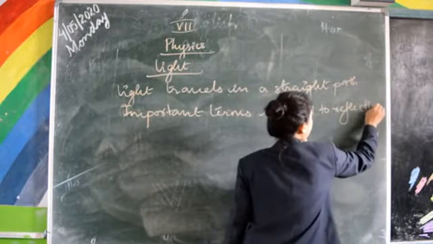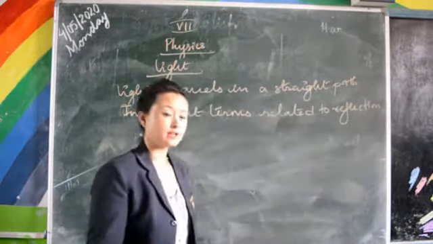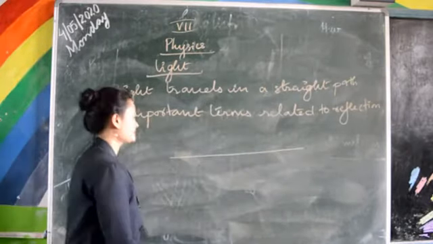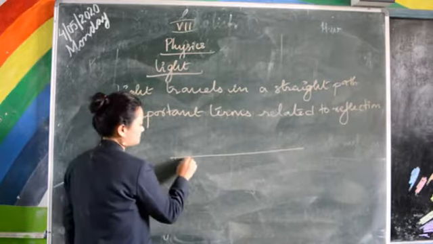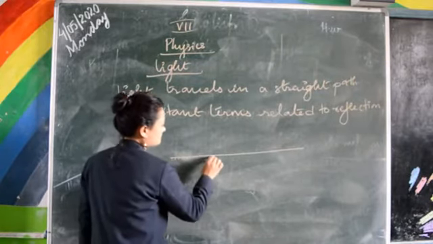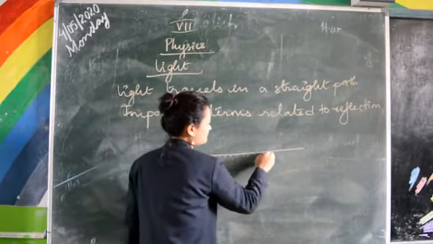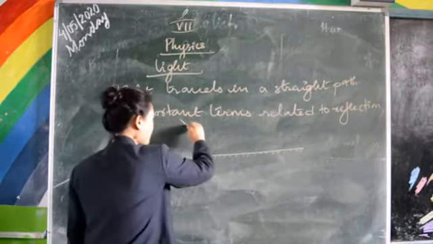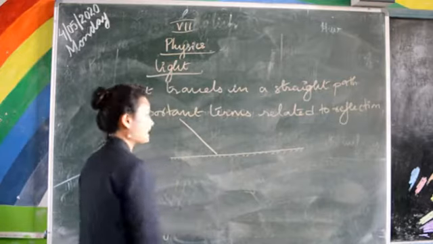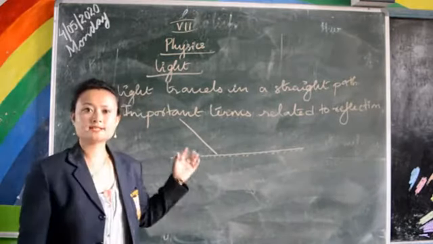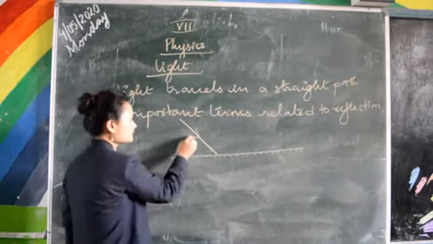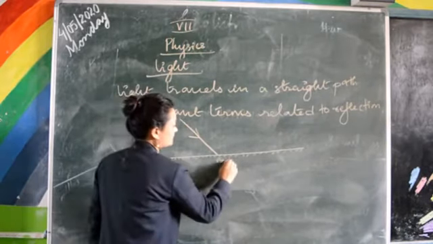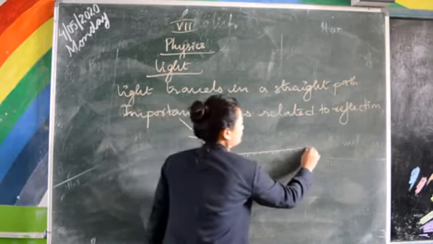And before we discuss the important terms related to reflection, let us discuss how the reflection takes place. Now, this is your smooth and polished surface. A ray of light which comes from a source, say sun, falls on the smooth surface, and let us take this smooth surface to be a mirror.